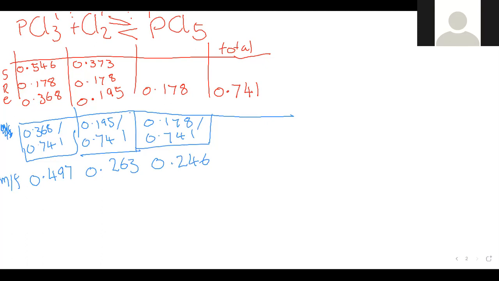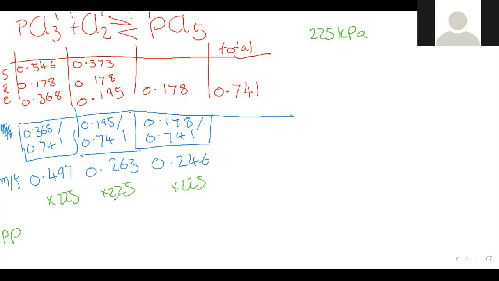We then need to calculate partial pressure. Remembering that partial pressure is our mole fraction multiplied by our pressure total. Now, our pressure total from this question was 225 kilopascals. So we're going to multiply all of these numbers by 225 to give us our partial pressure.